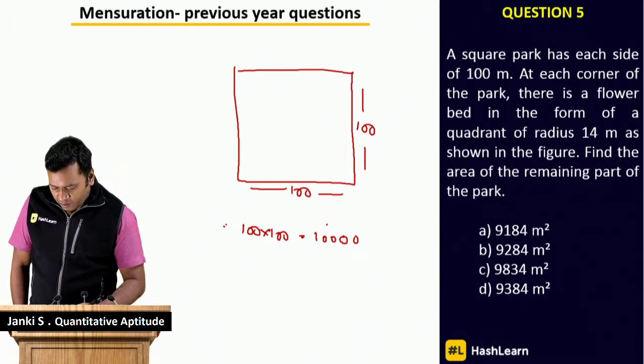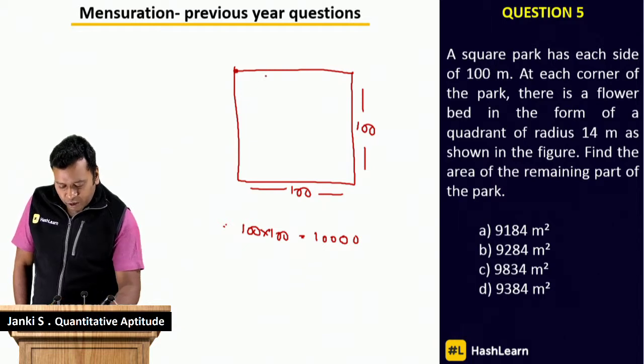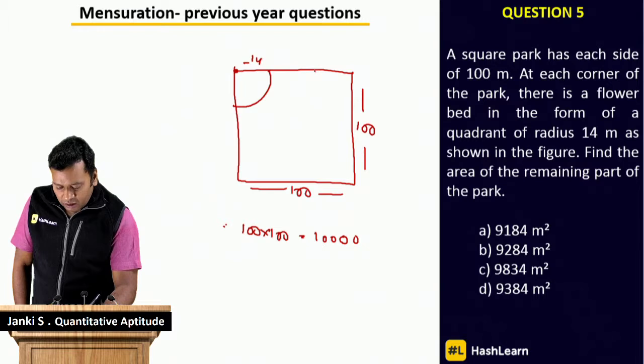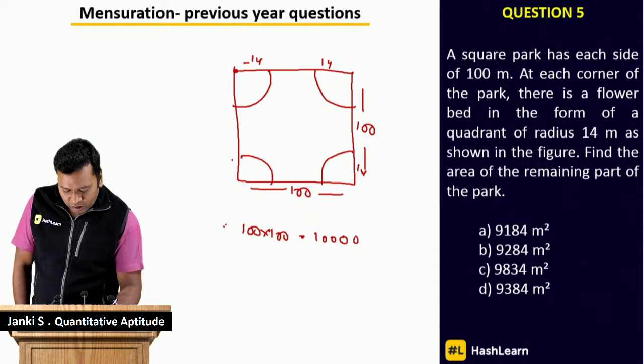From that, it's given that there is a flower bed at this point in the form of a quadrant of radius 14. So radius is 14. This value is 14 here. This value is also 14. This radius is 14, and this radius is 14.